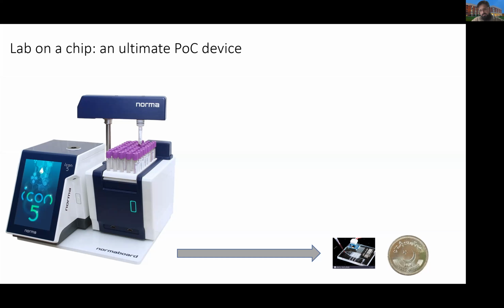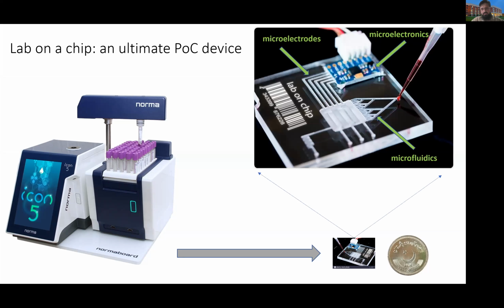Compare it with a very small chip, like the chip you can find in your smartphone or laptop, a microprocessor chip. Its size is like a coin, and if you zoom in, you will see it has an electrical circuit printed on it, and that circuit has two, three main components that I will explain in the coming slide.